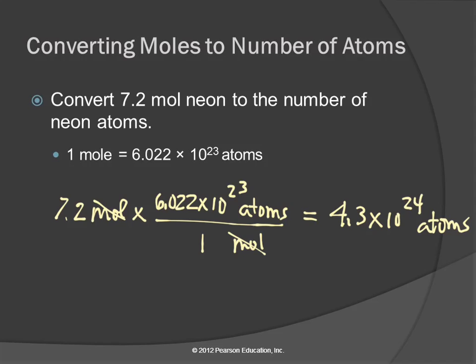If you find yourself getting confused on problems like this, try doing something similar using dozen, because we're all real comfortable with dozens. So ask yourselves, well, if I had 7.2 dozen eggs, how many eggs would that be? Well, I would multiply by 12 eggs per dozen, right?